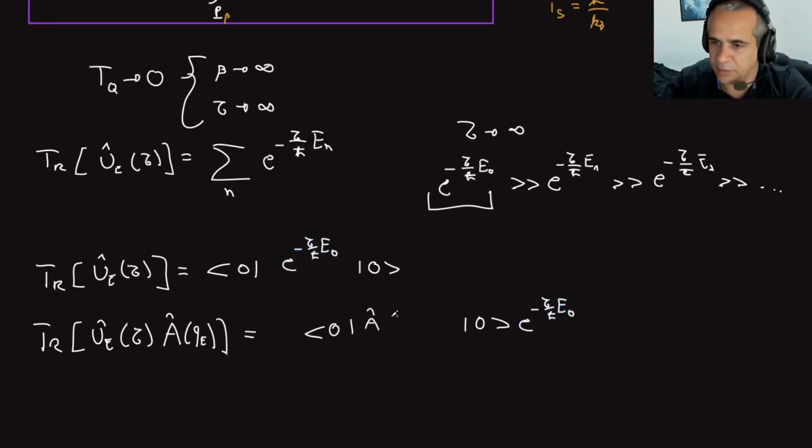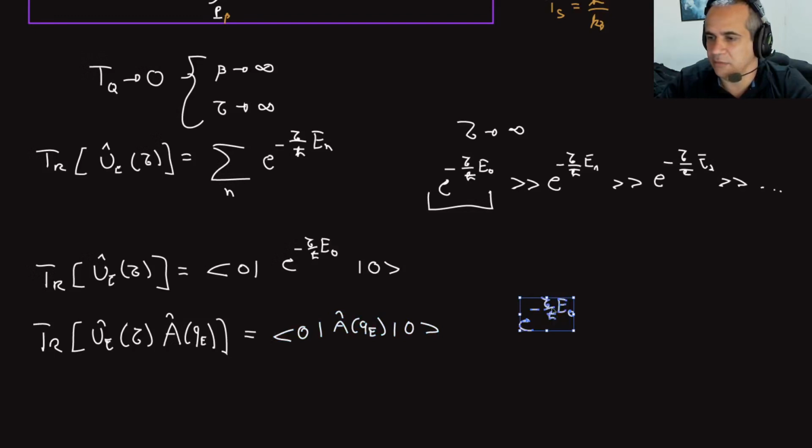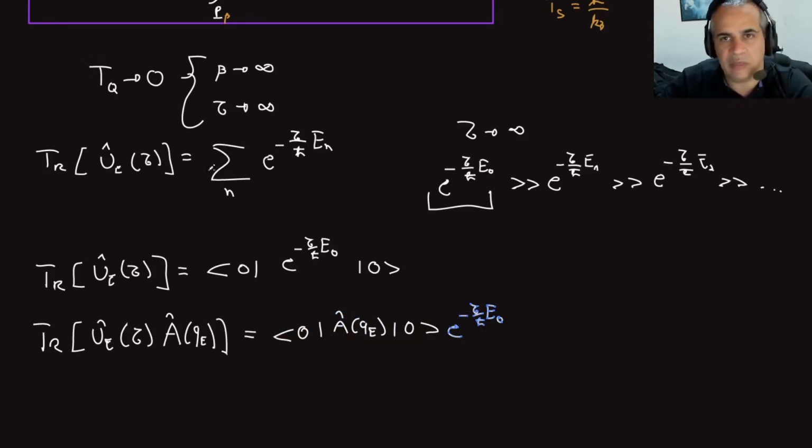And I have the expectation value of A in the vacuum of the theory, which is by definition the lowest lying state of the system, the state with the least amount of energy. So see, it all works out. The moment I take temperature to 0, I'm removing as much energy as I can from the system, and this sum is dominated by the lowest lying state, and I get essentially the expectation value in vacuum.